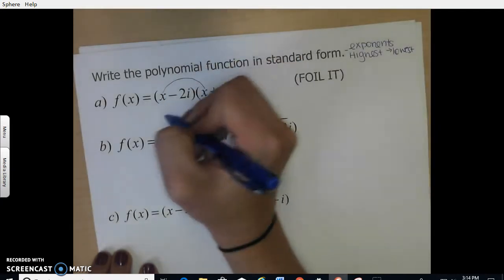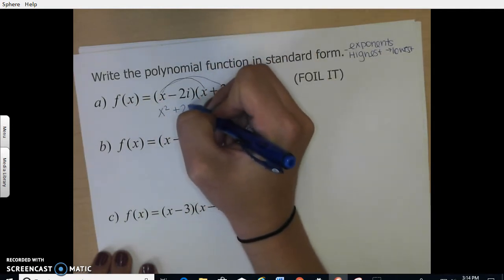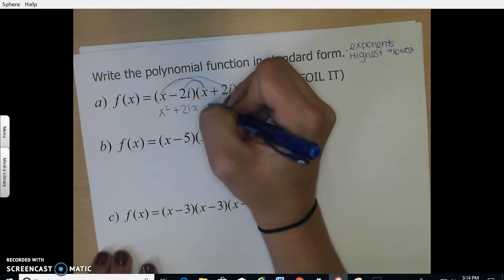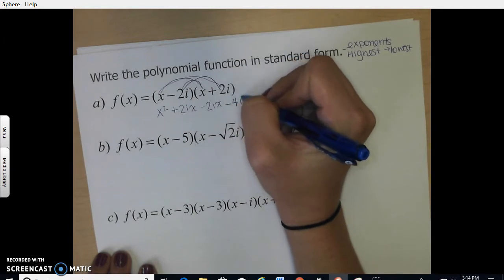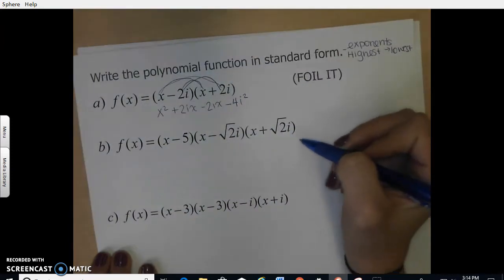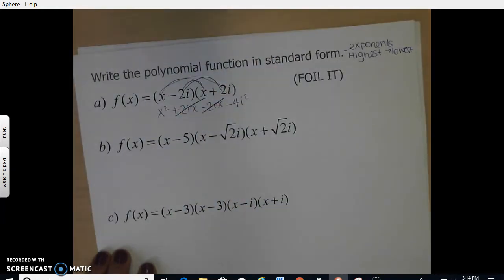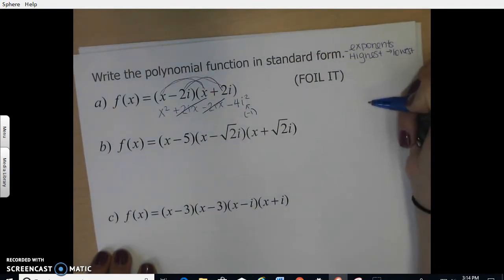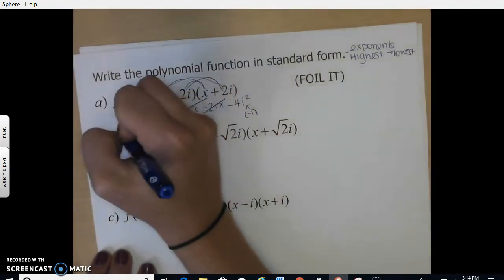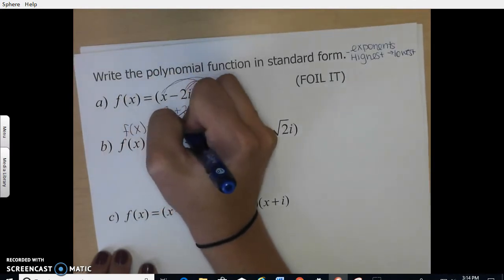So when I FOIL this, I get x squared plus 2ix minus 2ix minus 4i squared. 2ix minus 2ix cancel each other out. That's why we are conjugates. Negative 4i squared. I squared we replace with negative 1. Therefore, negative 4 times negative 1 is plus 4. So f of x is equal to x squared plus 4.